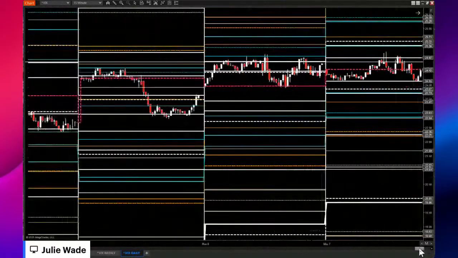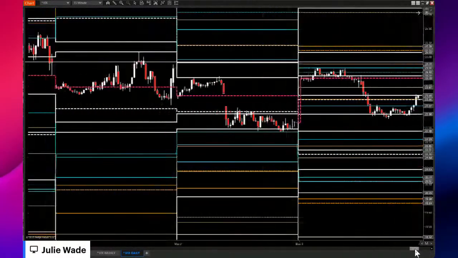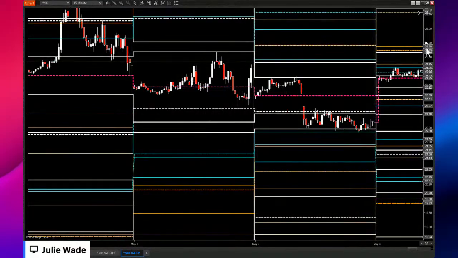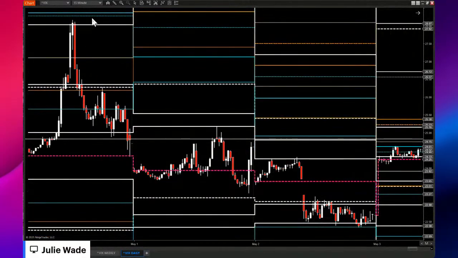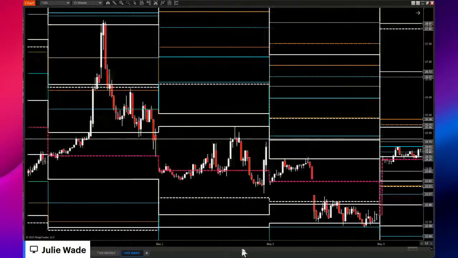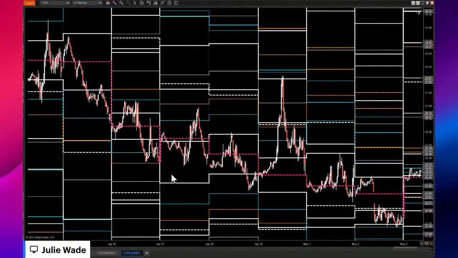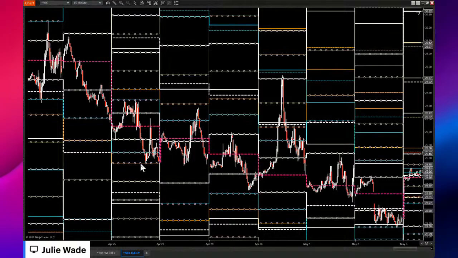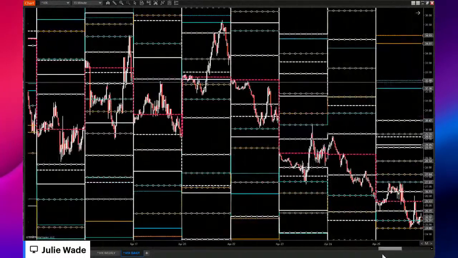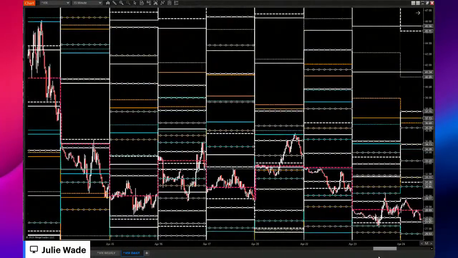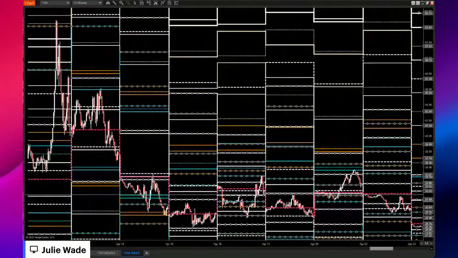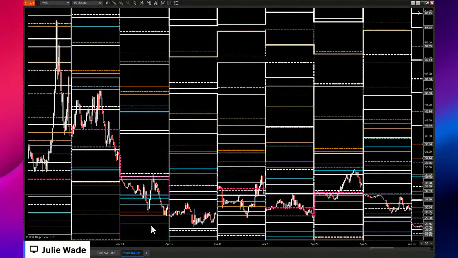We're inside the one all week. See how it stays inside the one? Or you can go outside the one to the three or the tails, and they'll hit these levels and respect them as structure, as support, resistance.